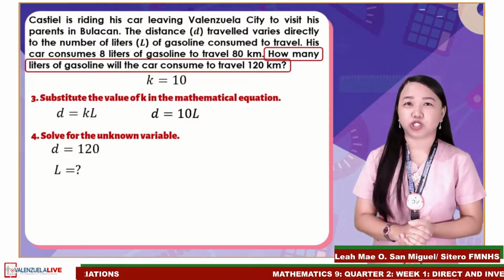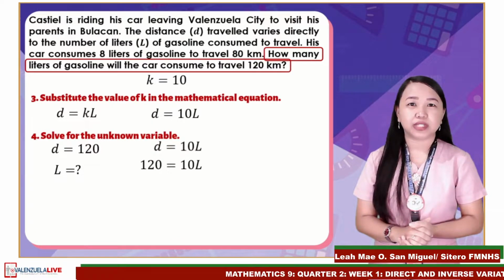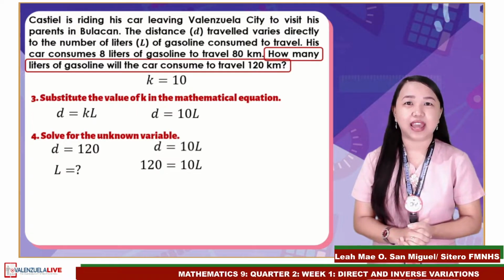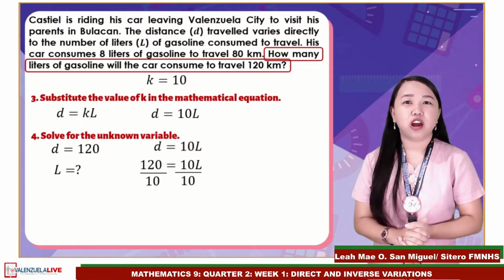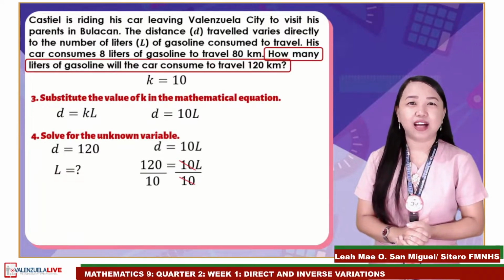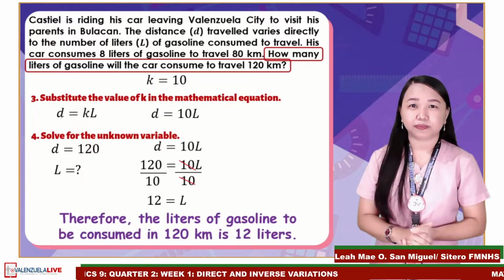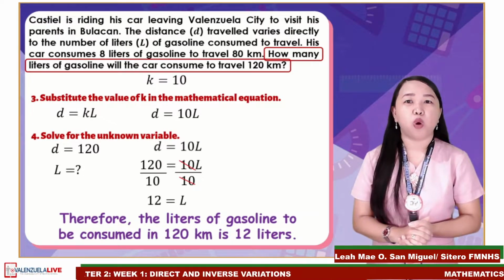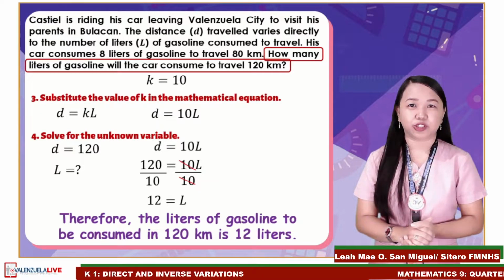By substitution, if D is equal to 120, then 120 is equal to 10L. Divide both sides by 10. 120 divided by 10 is 12, and 10L divided by 10 is L. Therefore, the liters of gasoline that a car consumes to travel 120 kilometers is 12 liters.